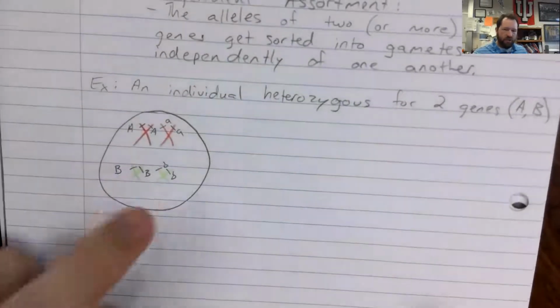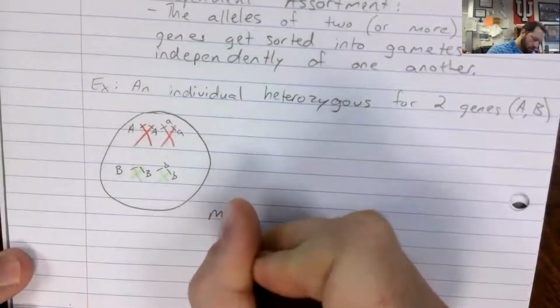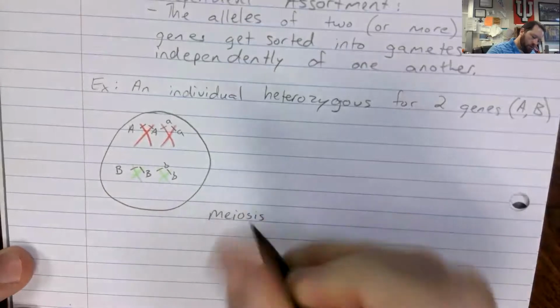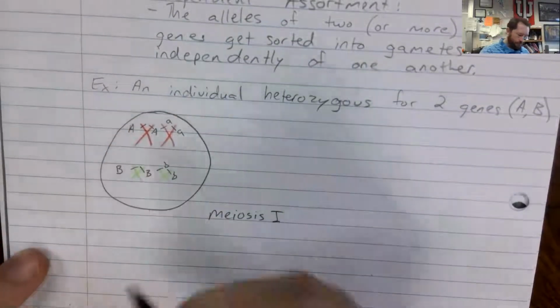All right, so we are pretending that here during meiosis 1, they line up like this.